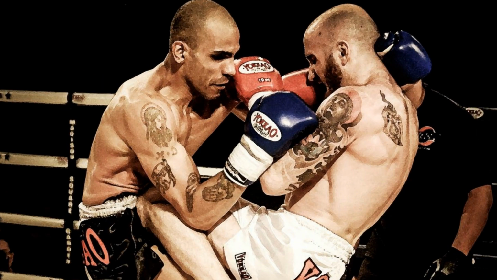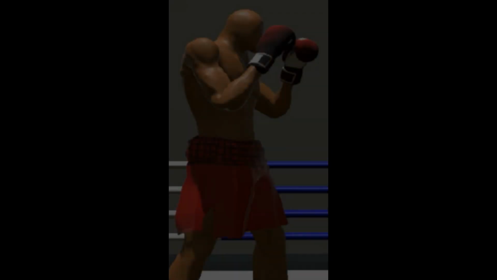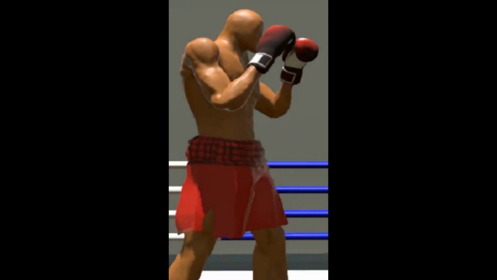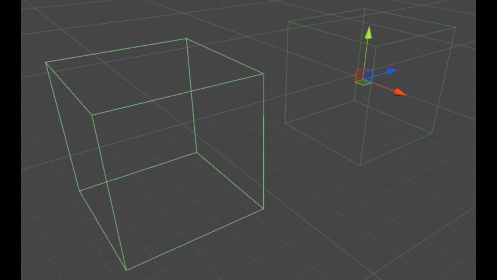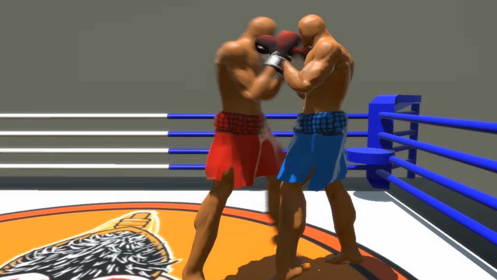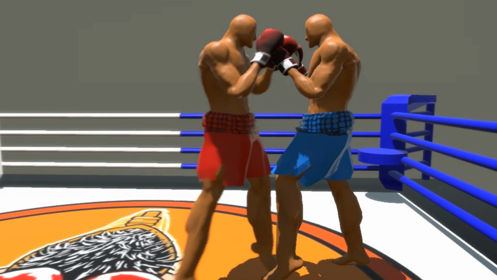Now, clinch. So, first I needed the player to clinch when they are at a certain distance away from the opponent. For this, I simply used a collider that checks if it is colliding with the opponent.